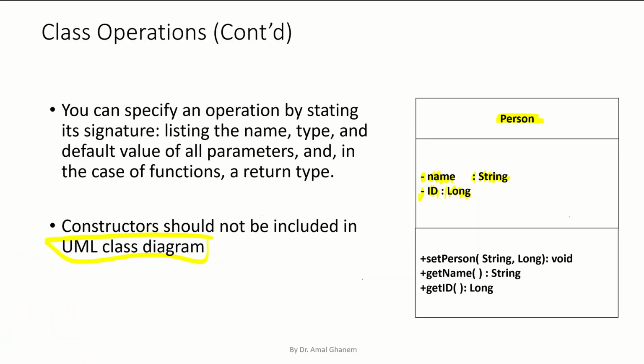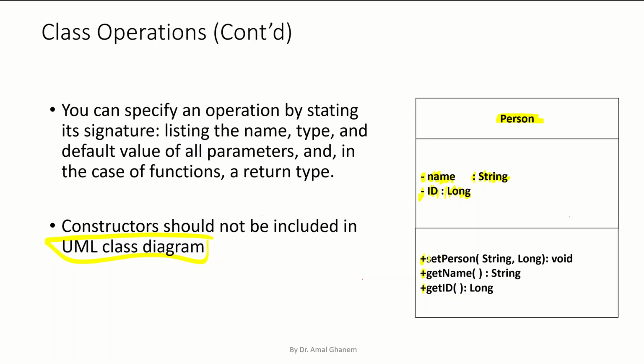And then, just like we discussed, we will have methods, and methods usually are public, so I will have public set, public get, another public get. So I will have pluses in front of each of them. For each operation, I have to specify the signature, which means the name of the method.